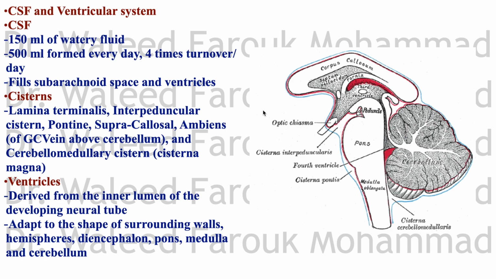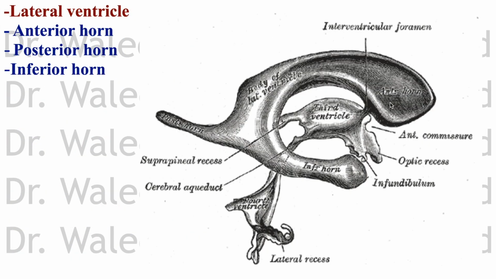The ventricles are derived from the inner lumen of the developing neural tube in embryology, and they adapt to the shape of the surrounding walls. As you can see here, we have the lateral ventricle, which has an anterior horn, posterior horn, and an inferior horn.